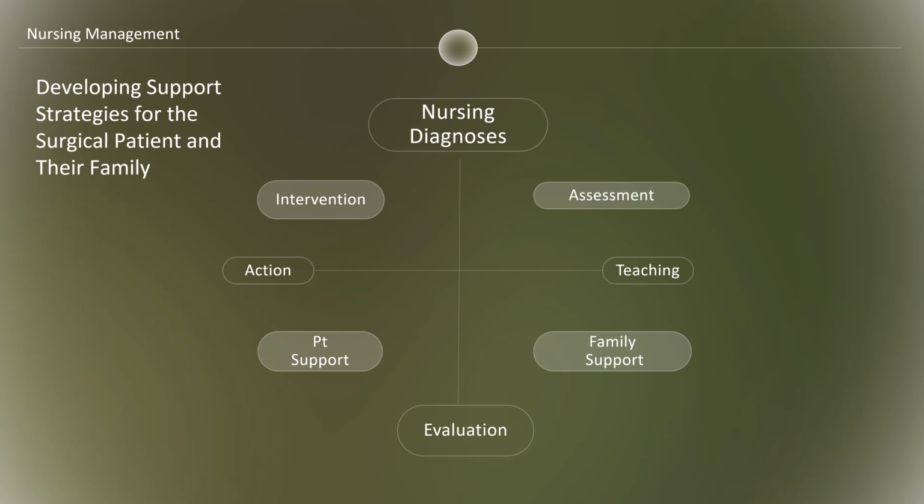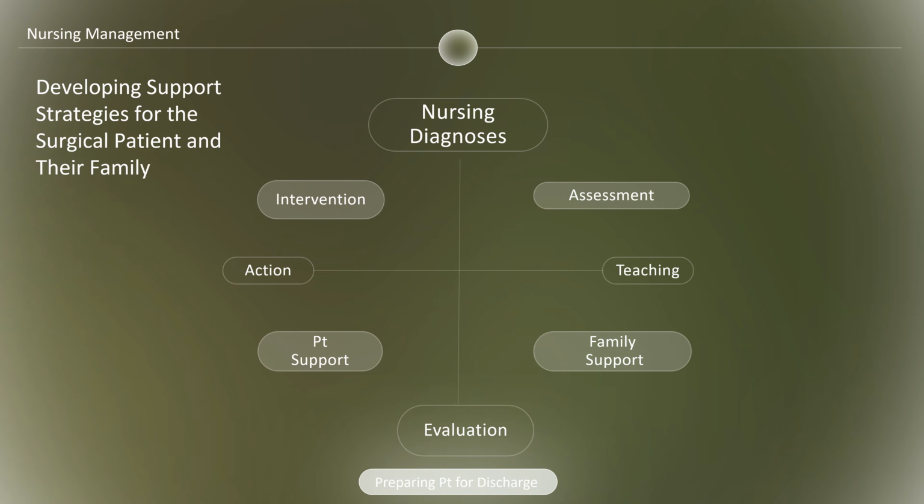For nursing management, it's repetitive in the book a lot, how we develop support strategies for the surgical patient and their family. So we have the nursing diagnosis, intervention, assessment, action, teaching, patient support, family support, evaluation.